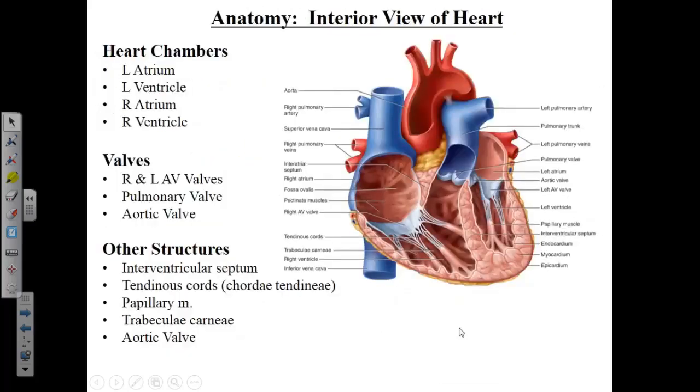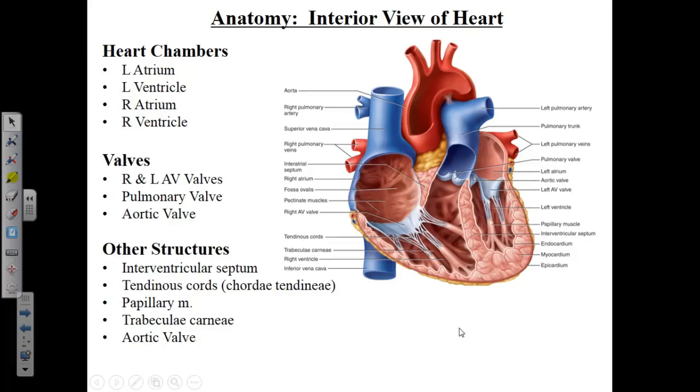Like I said, we'll get to see some of these chambers a little bit easier once we have a section through them. Once you do that, you can see this is the right atrium, the right ventricle, left atrium, left ventricle.